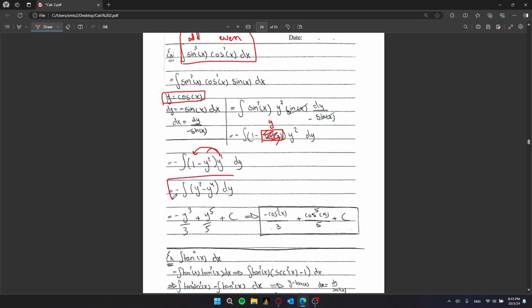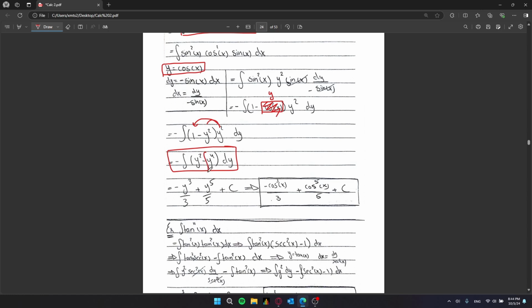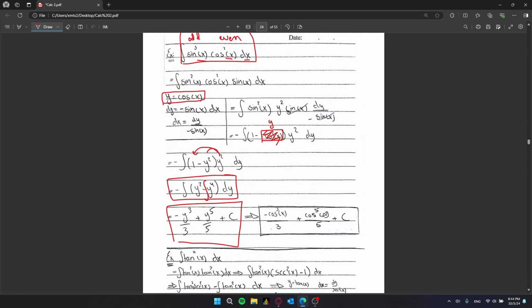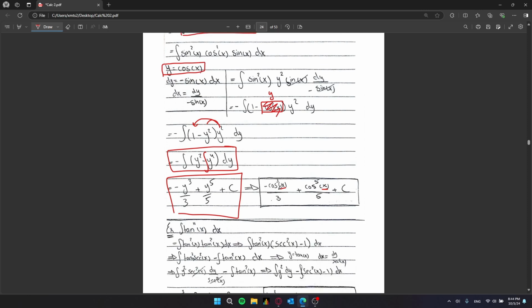Now you have this formula, and this is very easy to integrate. You can integrate each term on its own, and you get your final answer. But remember, the question gave it to you in terms of x, so whenever you're done, you have to return it into terms of x. What is y? y is cosine of x, that we just agreed. And we continue solving normally.